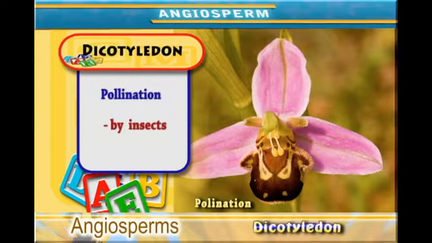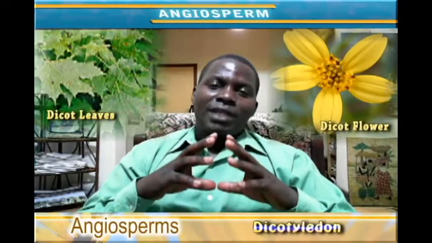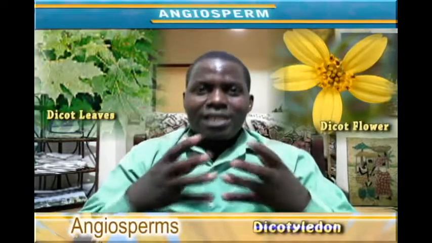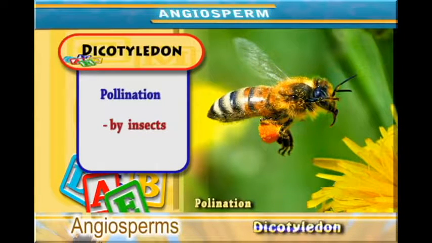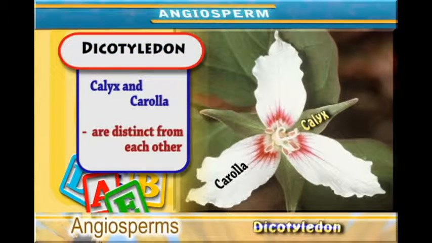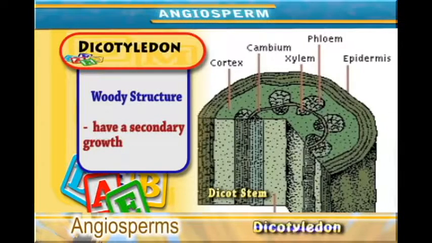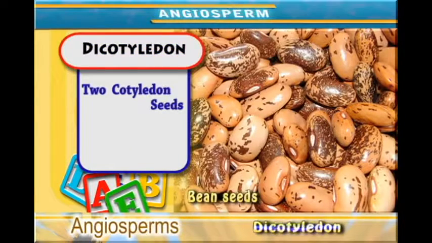So we are saying that the dicots are another class in the angiosperms. Some of the characteristics of the dicots include being pollinated by insects, having a calyx and a corolla which are distinct, having secondary growth, and having two seeds or two cotyledons.